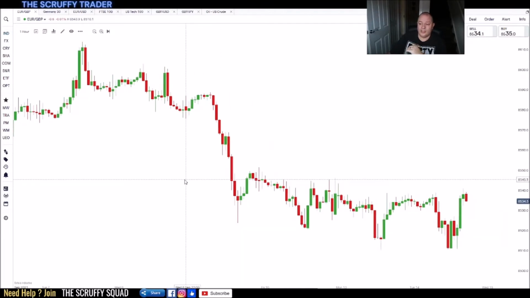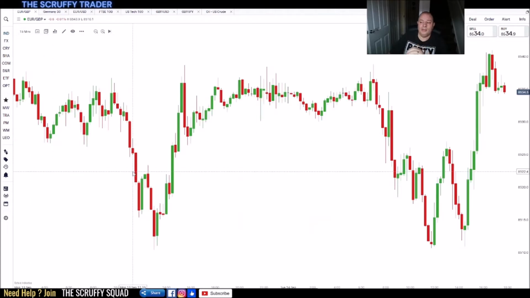You can see straight away, well, that's moving down. So if it's moving down on the hourly, is it reasonable to assume that it may be moving down on the 15-minute? So what you would do in this case is take a bias from the higher time frame and apply that bias to the lower time frame.